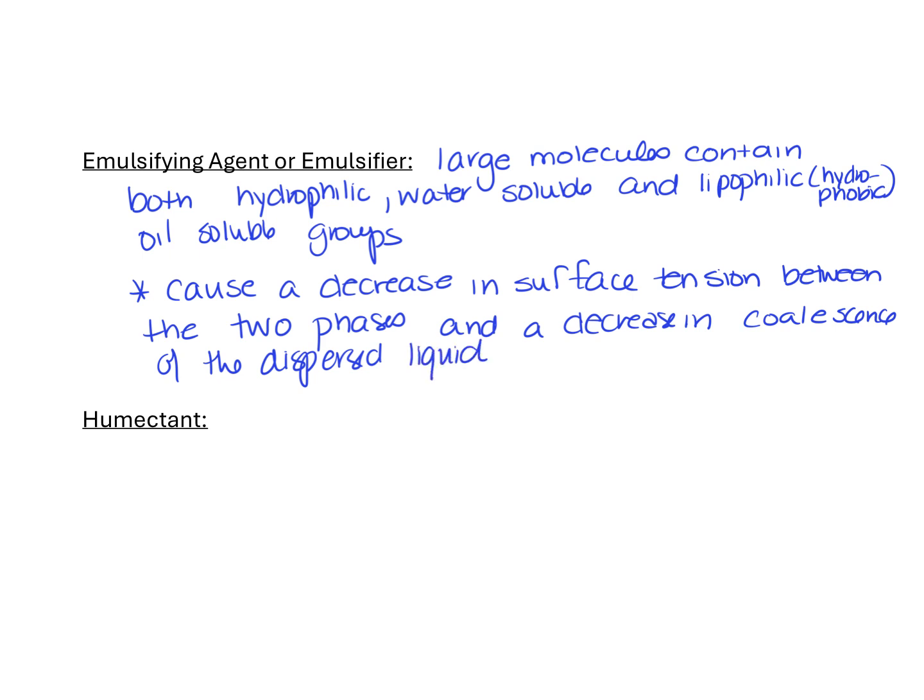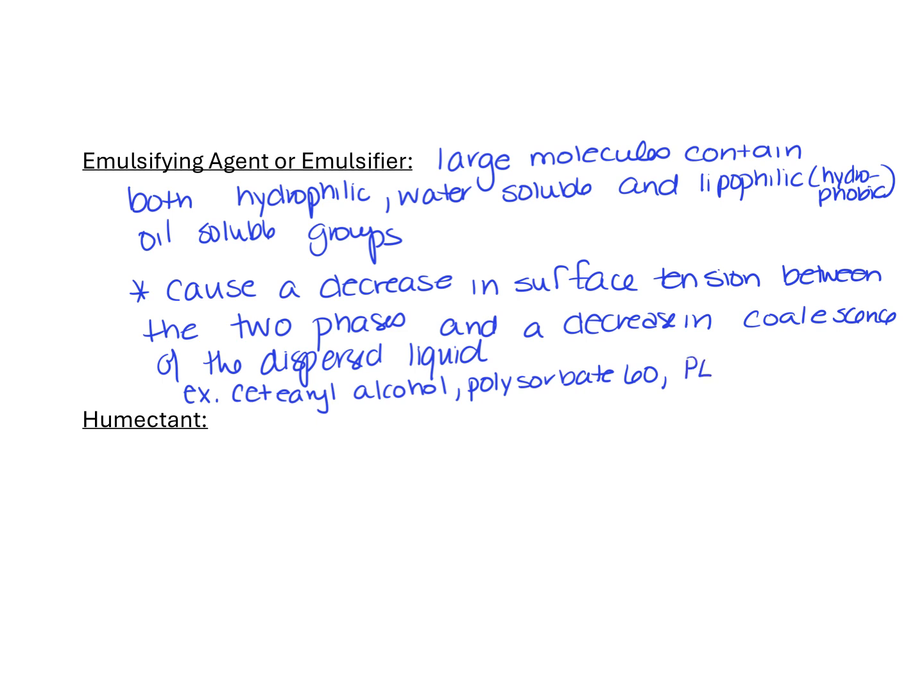Now, you can buy emulsifying agents. Examples of these include things like, if you look on your lotions, you'll see cetearyl alcohol. That's an emulsifying agent. Polysorbate 60. Right, so if you look at your lotion, you'll see those.